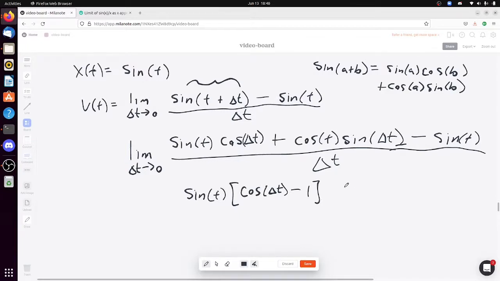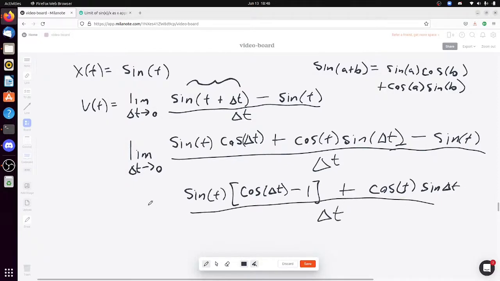And then plus cosine of t sine delta t, all over delta t, and obviously the limit still. Okay, so what can we do now?